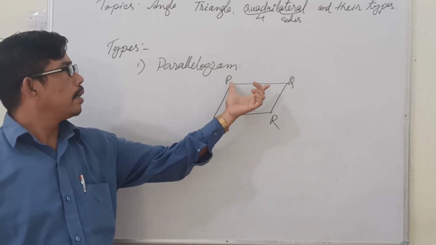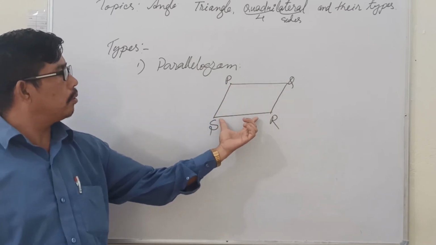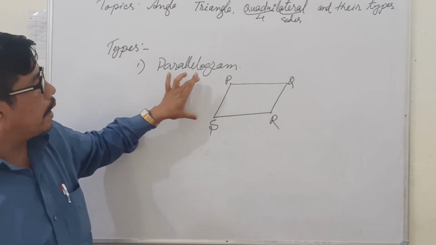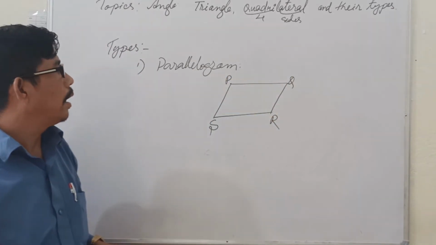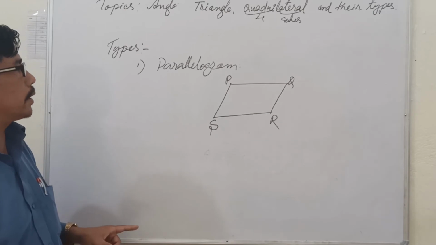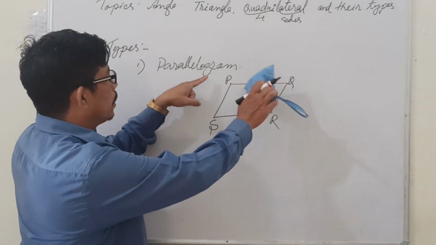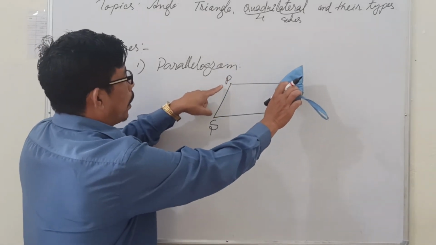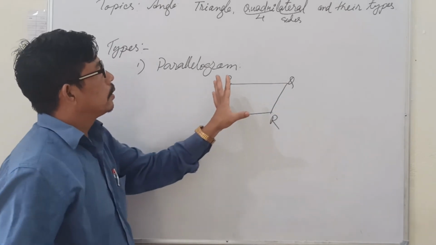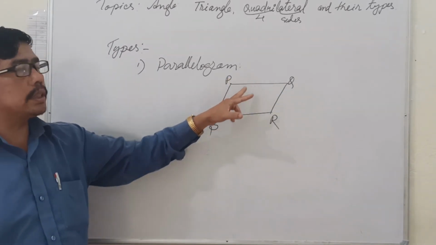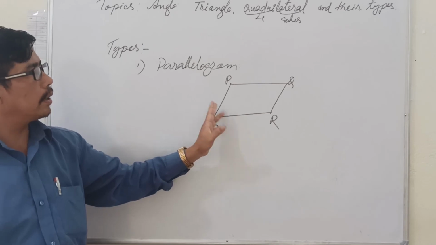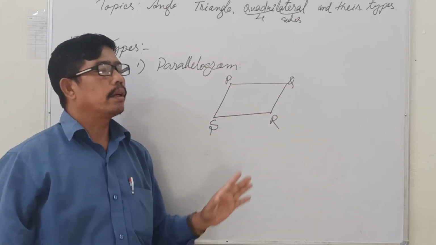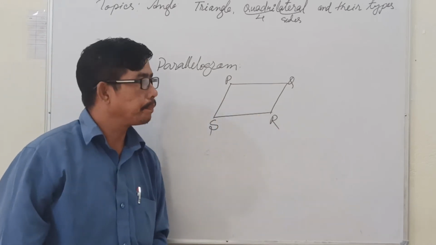And here PQ is parallel to SR. That is, they never meet. And another pair of parallel sides is PS and QR. So such a quadrilateral in which the opposite sides are parallel is known as a parallelogram.